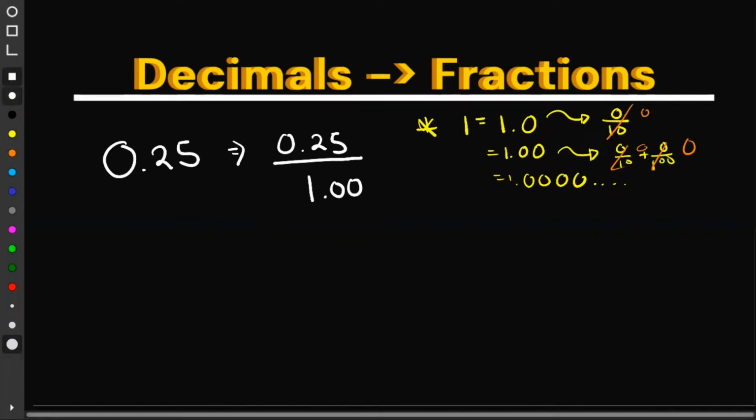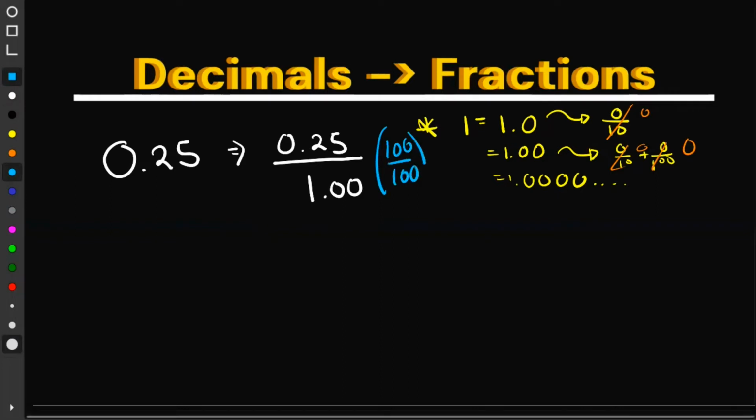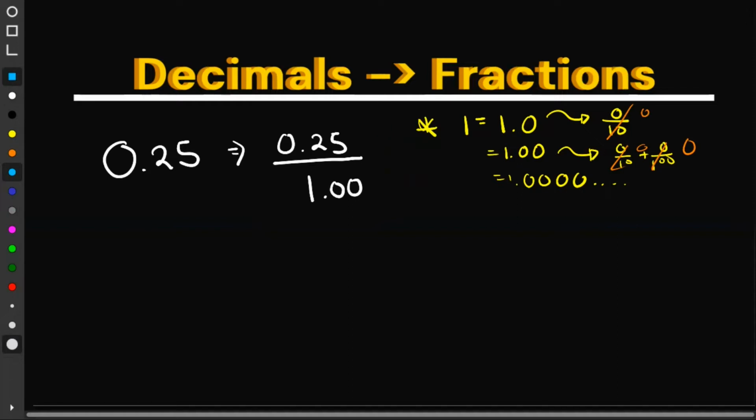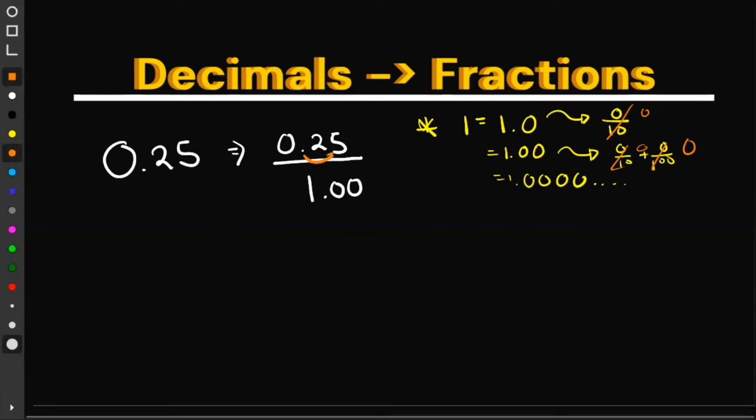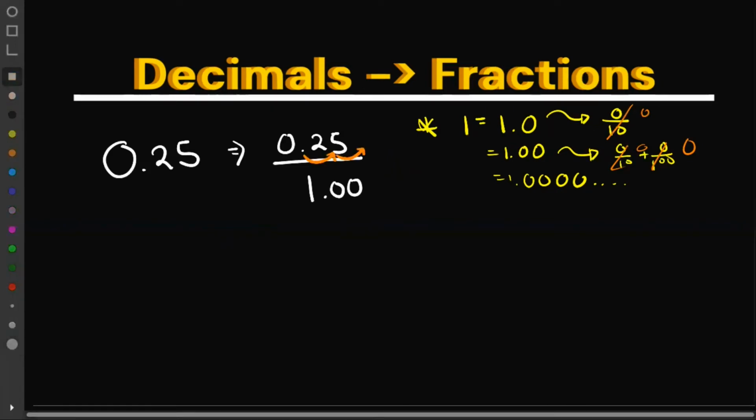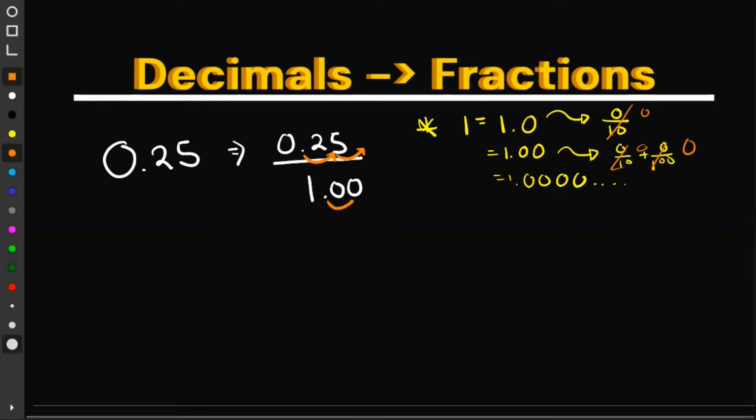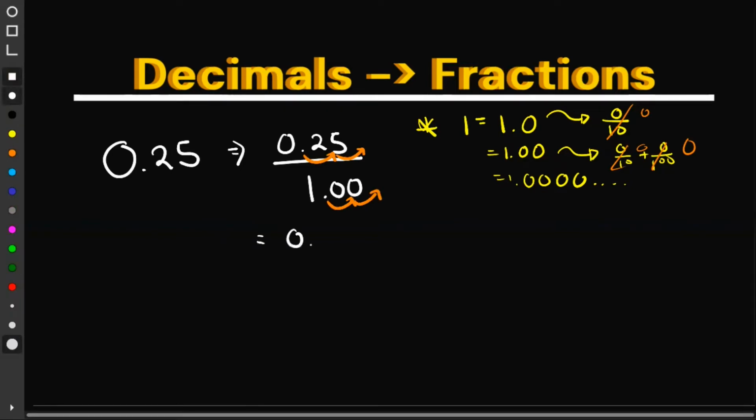Now, what we do next is multiply this fraction by 100/100 to remove the decimal portion. Or simply, in decimals, we view that as moving the decimal point. In this one, we move the decimal point twice. Since we move it twice in the numerator, we also move it twice in the denominator.